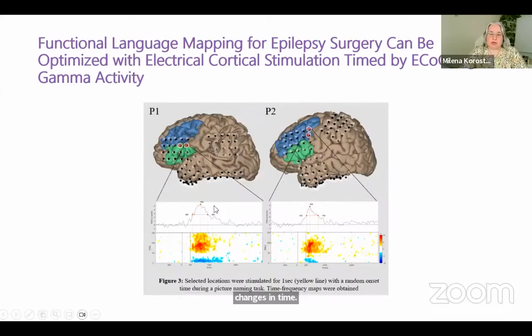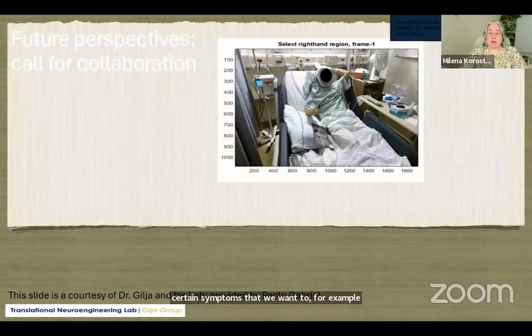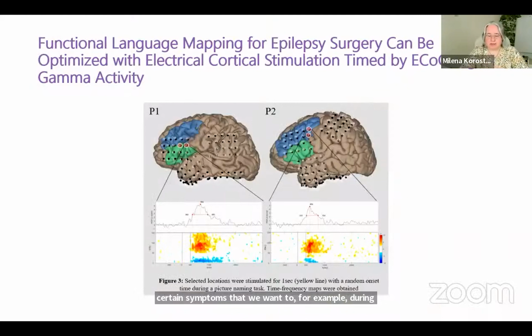So usually here we would look for the maximum of gamma activity, and the timing before that maximum peak would be one of the best for stimulation to elicit certain symptoms that we want to elicit, for example, during the naming task. And of course, like Dr.